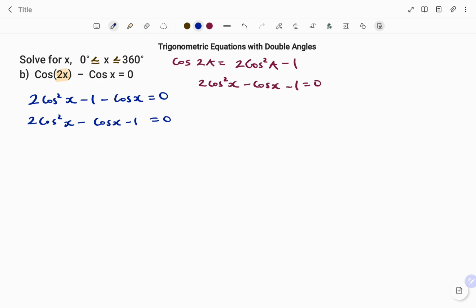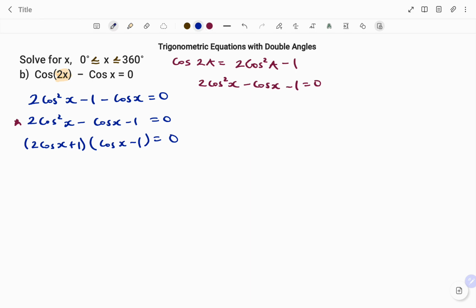So therefore, I'm going to factor my left-hand side. I have that as 2 cos x plus 1, and then I have cos x minus 1. Note that if I FOIL or expand what I have, I must be able to get my original equation of 2 cos squared x minus cos x minus 1.